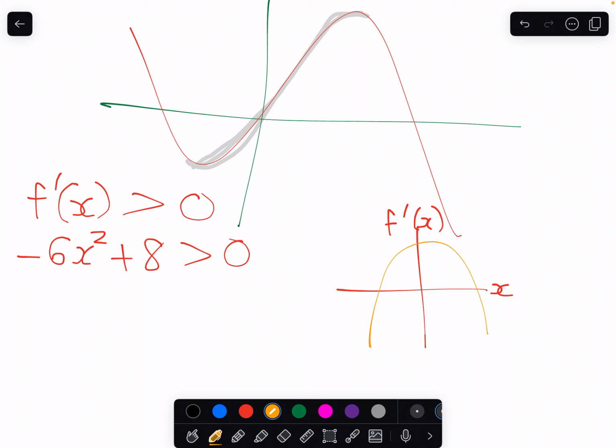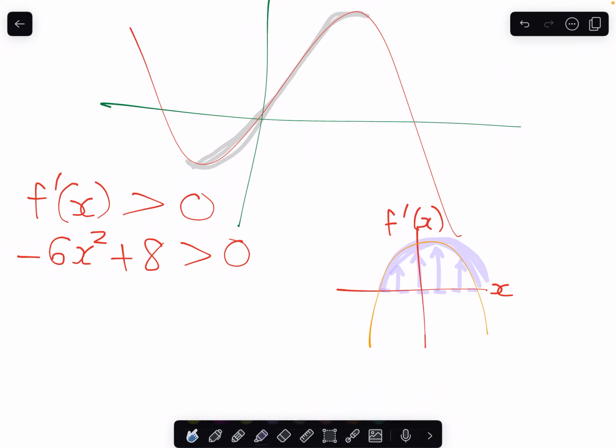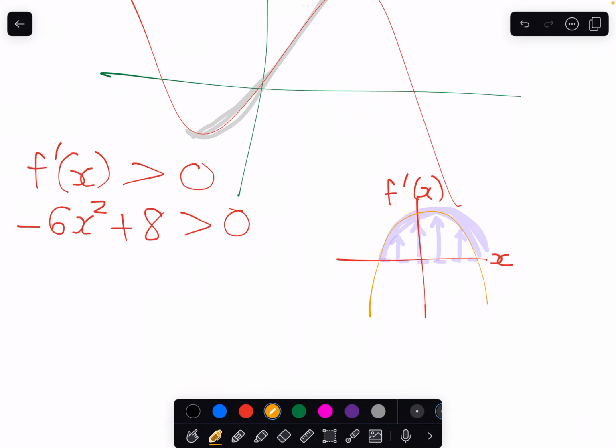And it is positive in this little interval, so this is where f prime is giving us positive values. So we want to figure out where negative 6x squared plus 8 is equal to 0, so that we can figure out what those x values are.